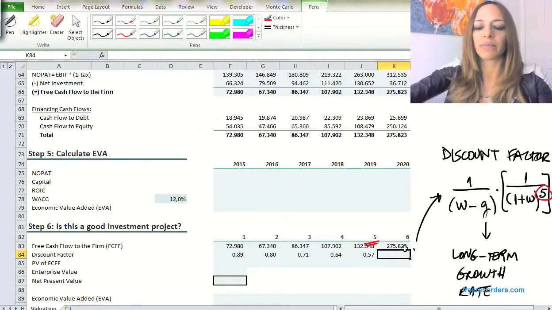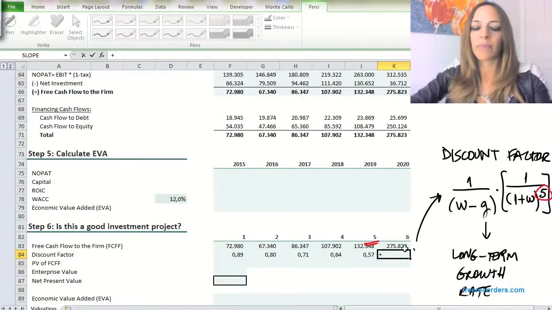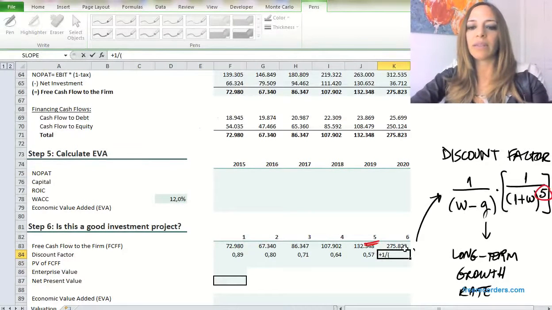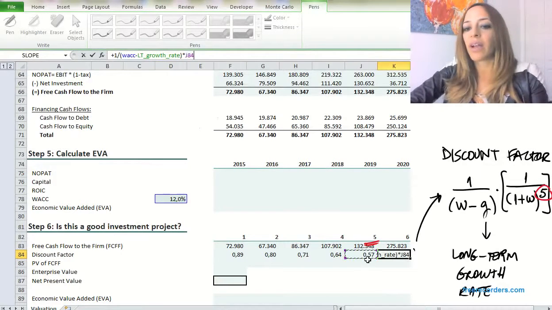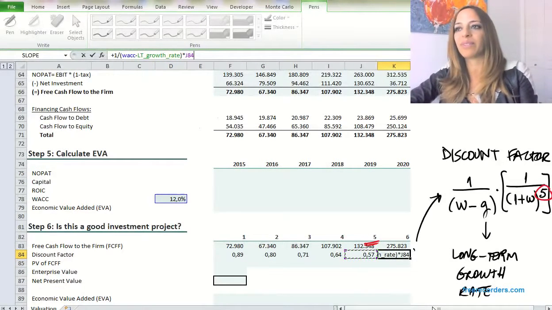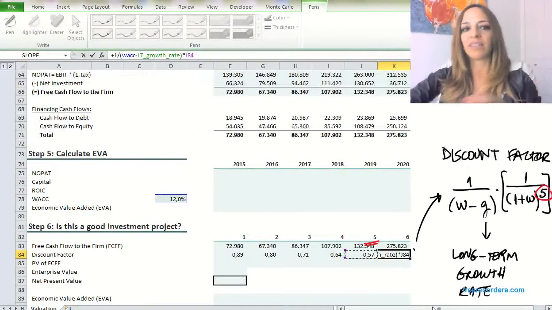Okay, I'll do it here. 1 divided by the weighted average cost of capital minus the long-term growth rate times the previous factor. I already calculated the previous factor. It's 0.57, so I'll just use it. All right.